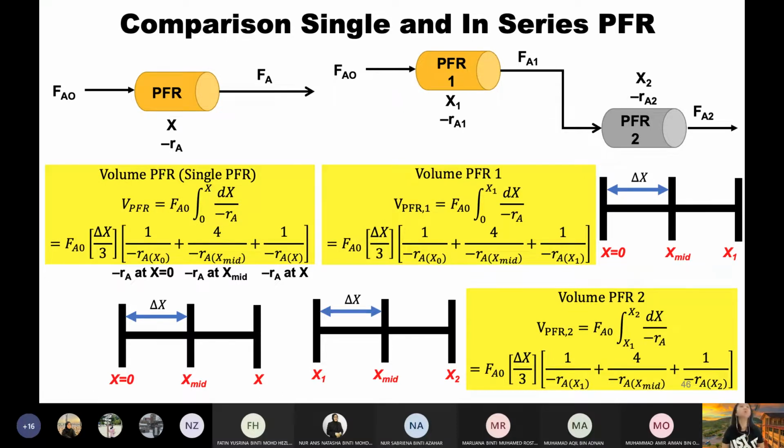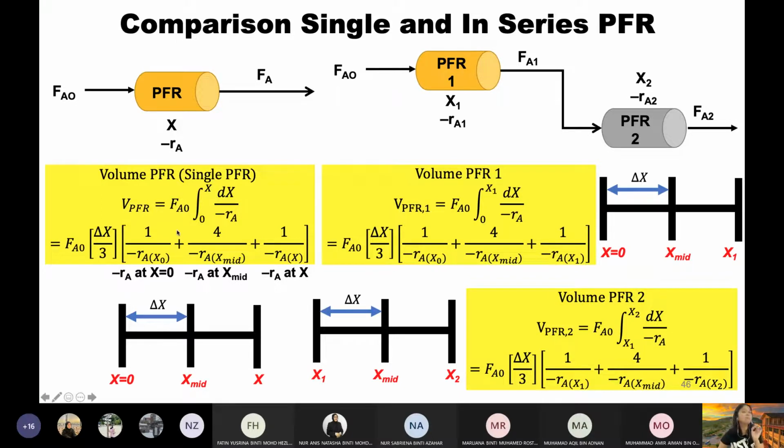Okay. Before I go to the series, I will go to the single PFR dulu. You have to understand the single one, then you can understand the series one better. So single one I already taught you, but I will recap how to find the volume. The volume of a single PFR is equal to FA0 integrating from 0 to X. Ingat, upper limit, bottom limit ni sangat penting untuk PFR sebab nanti penyiraan dia sangat really depends on your lower limit and upper limit.